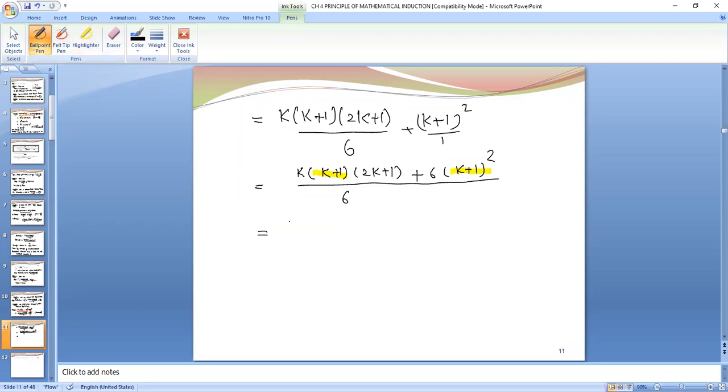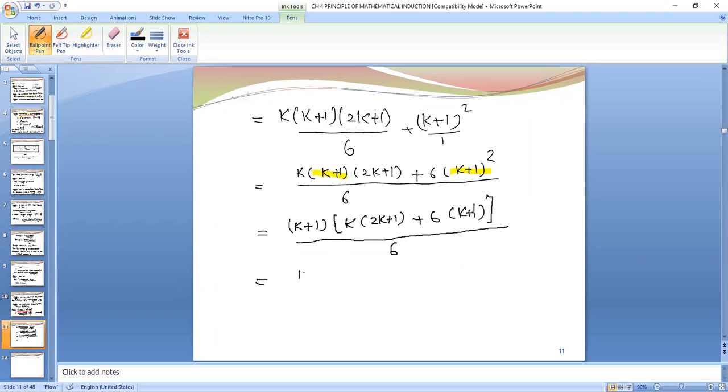So k plus 1 will go out, and in the bracket we'll be having k into 2k plus 1 plus 6 in the bracket k plus 1, total upon 6, right? k plus 1 I am taking outside, so I am left with k into 2k plus 1 plus 6 into k plus 1.